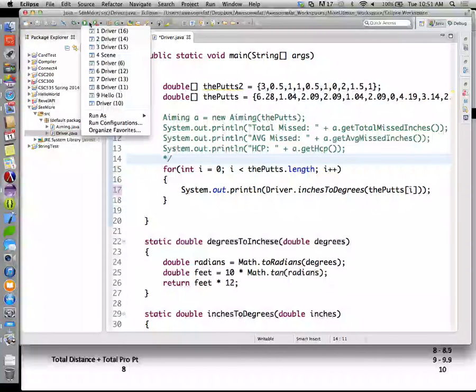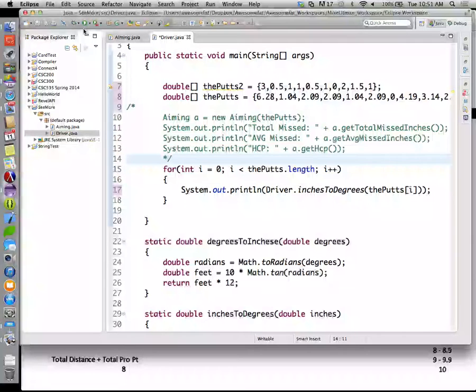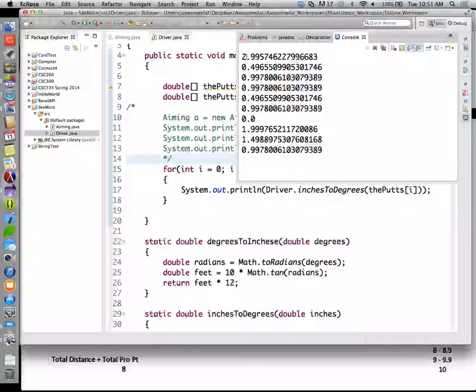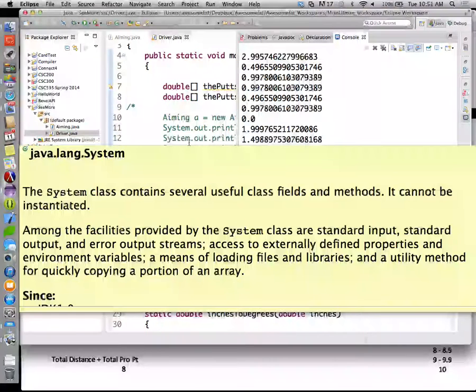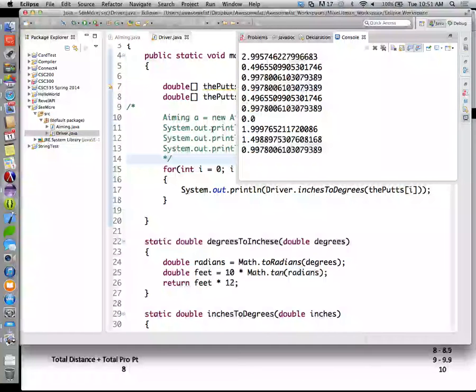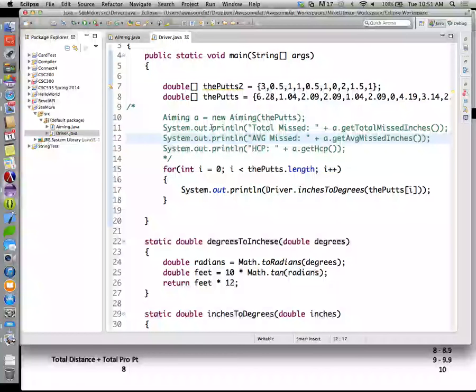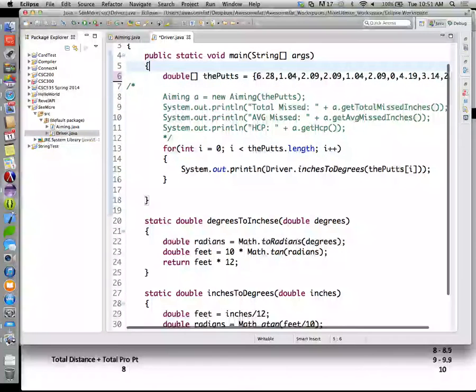Make sure our conversion goes the other direction. Seems legit enough. That's fine. Okay, so these are our putts we measured in inches.